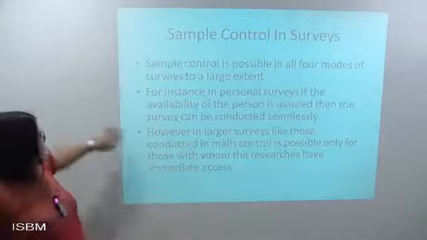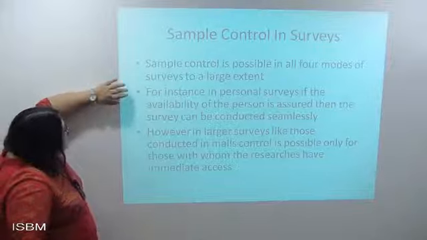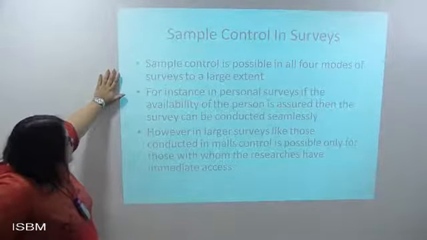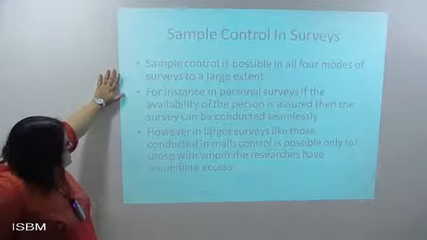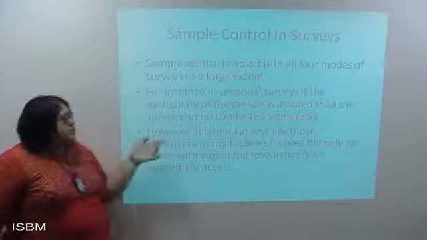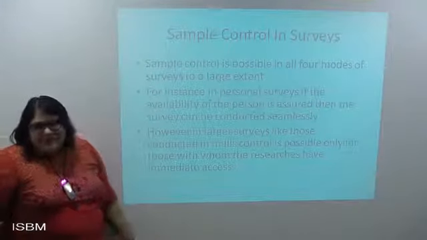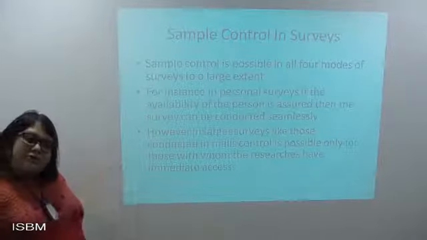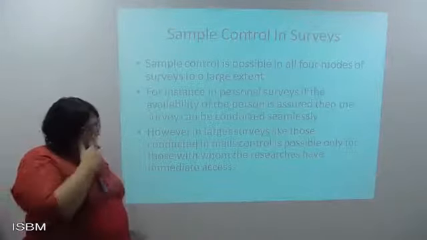The next is sample control in surveys. Now, sample control is possible in surveys through 4 modes, and for instance, in personal surveys, if availability of the person is assured, then the survey can be conducted seamlessly. If there is no person, with whom are you going to conduct a personal interview?